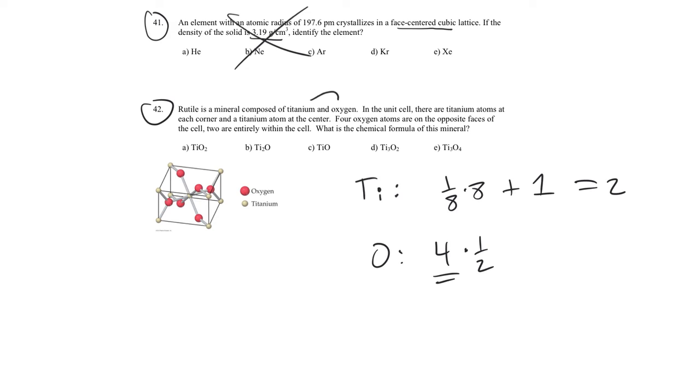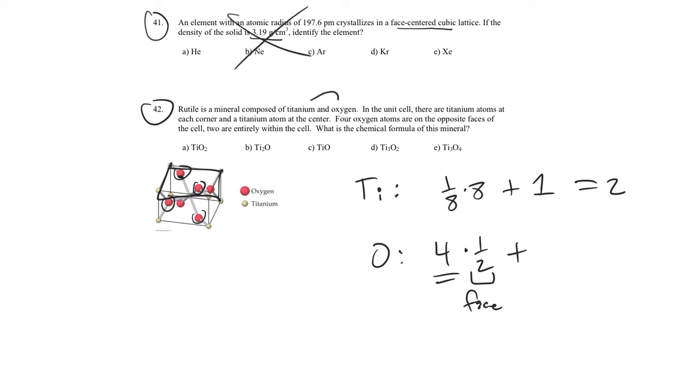It's kind of hard to tell which ones are which, but it looks like there's ones in the face here and somewhere else. So there's 4 on the faces. And so the key is a face atom is being shared with one other unit cell. So an atom on the face, this atom is in this unit cell, the other half is in the unit cell on top of this box.